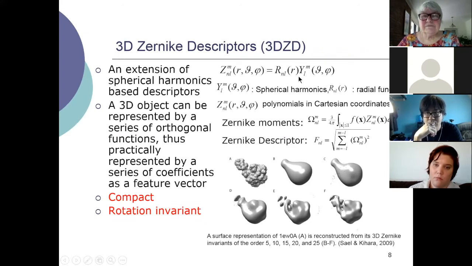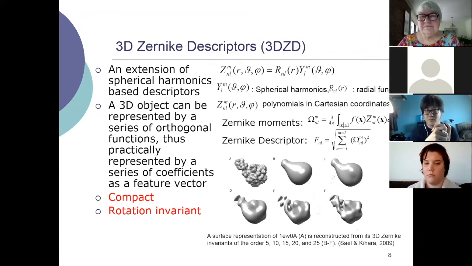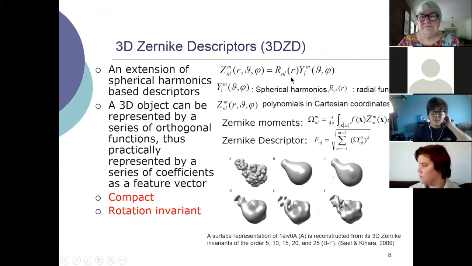What the descriptor can represent is the direction, theta and phi, through spherical harmonics, which are also used for describing molecular orbitals, describing the way the electron distributes. And on top of that, it also has R, the radial function.